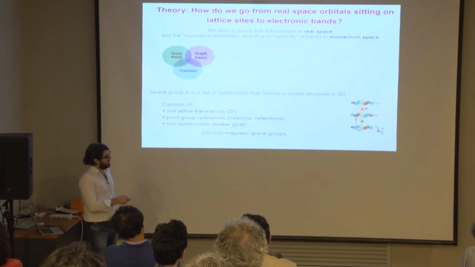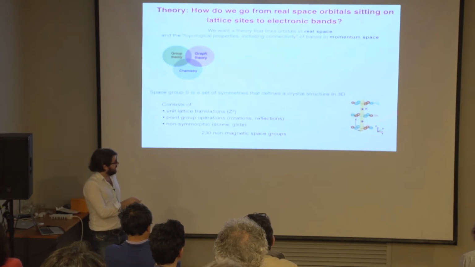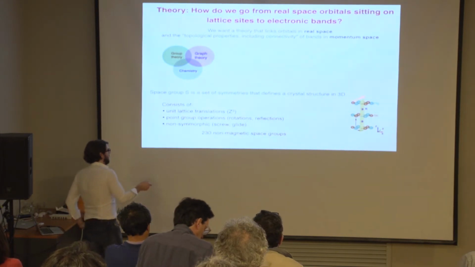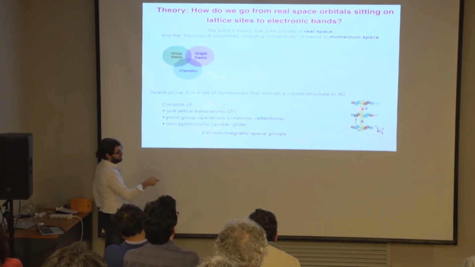Another input of the theory will be where the atoms sit in the lattice. For example, in this material there's a mirror plane that looks like this, but the mirror symmetry turns mercury into antimony, and you need to make a half lattice translation to bring it back.